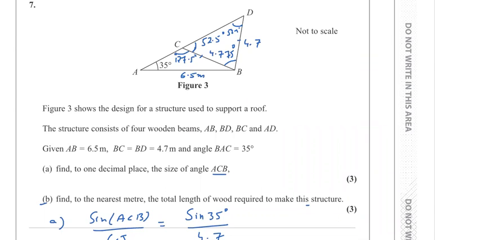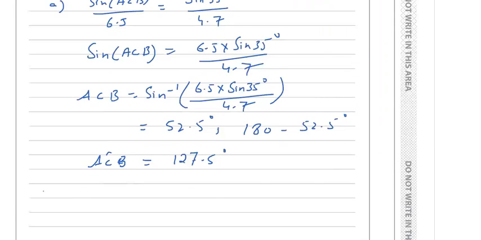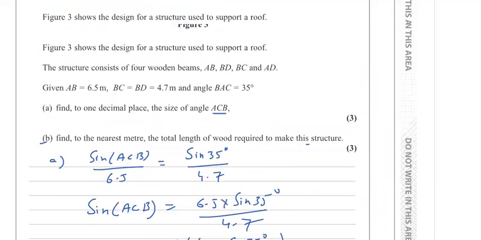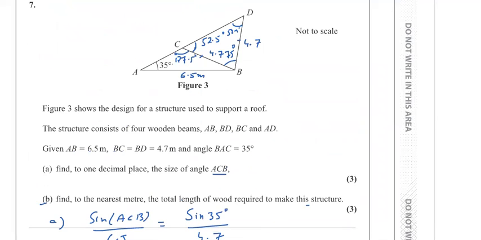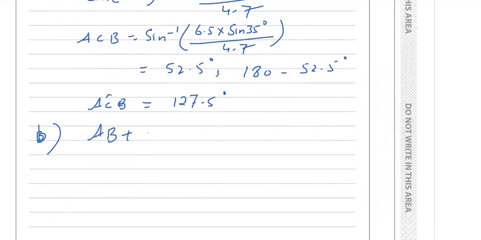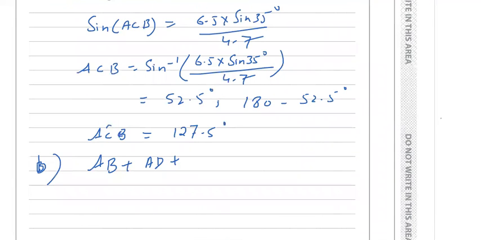So for part B, the total length will be AB plus AD, which we still need to find, plus BC plus BD.